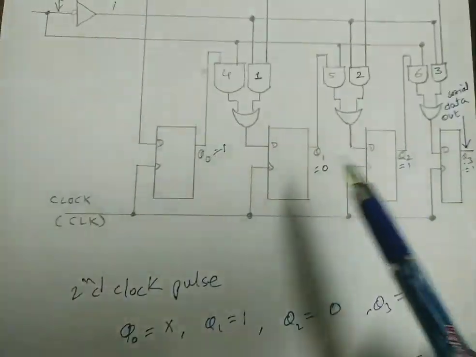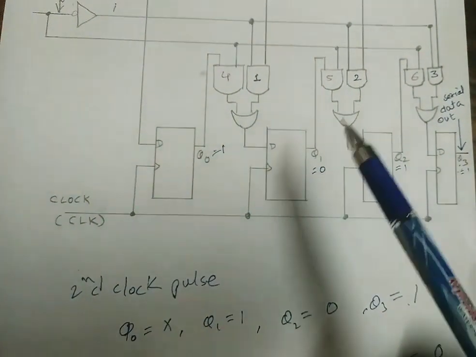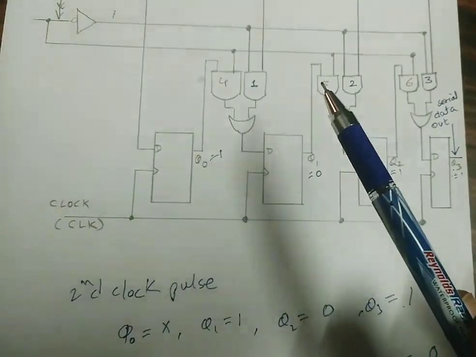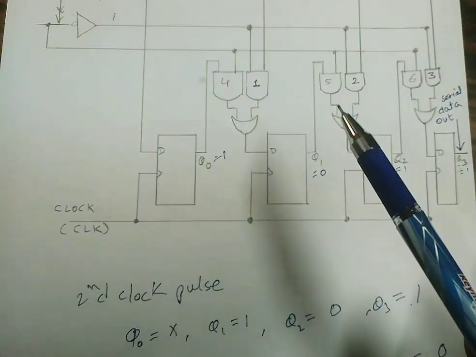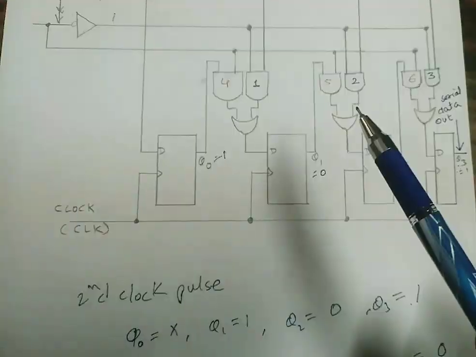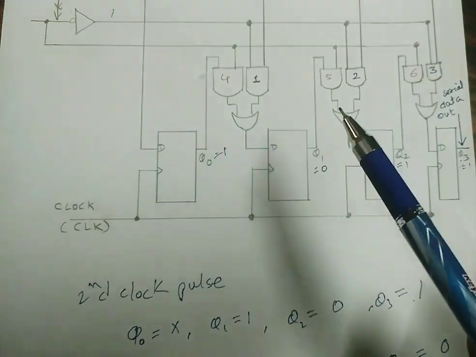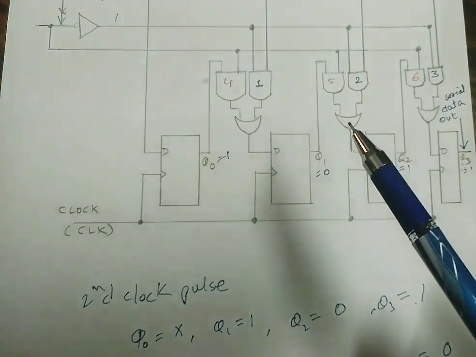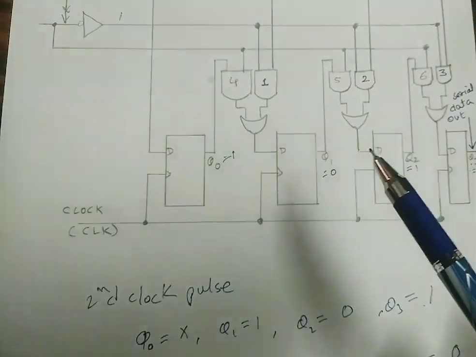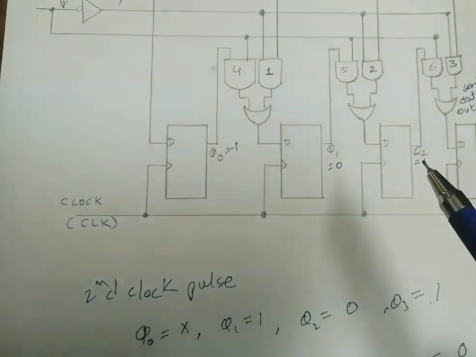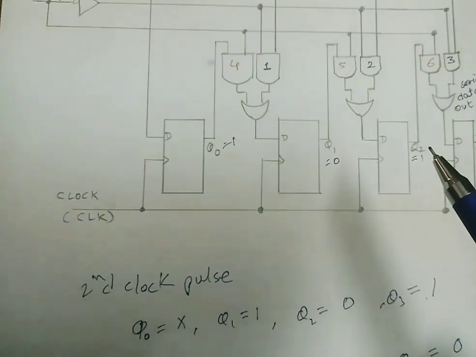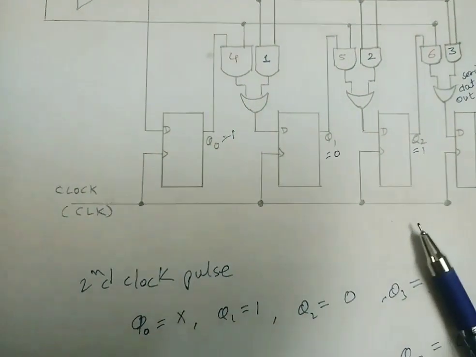Now here we are getting 0, here we are having 1, so the output of this will be 0, so both inputs to the OR gate are 0, so finally 0 is being applied, and this will cause Q2 output to become 0.